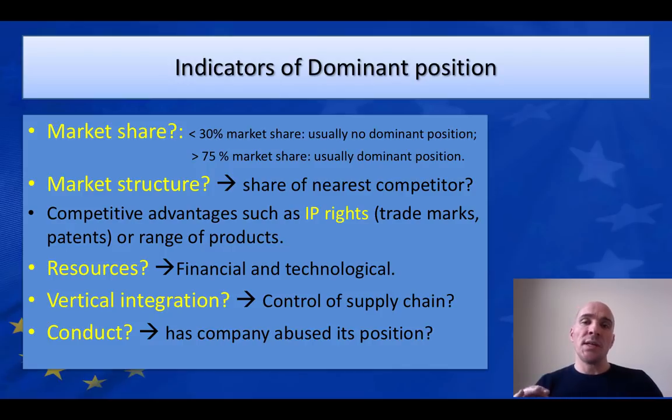So just to reiterate, having a dominant position on a market is not itself illegal. It's not illegal to be dominant in the market. What is problematic is when you abuse that dominance and when you use that power in the market in a way that is illegal, basically abuses your position.